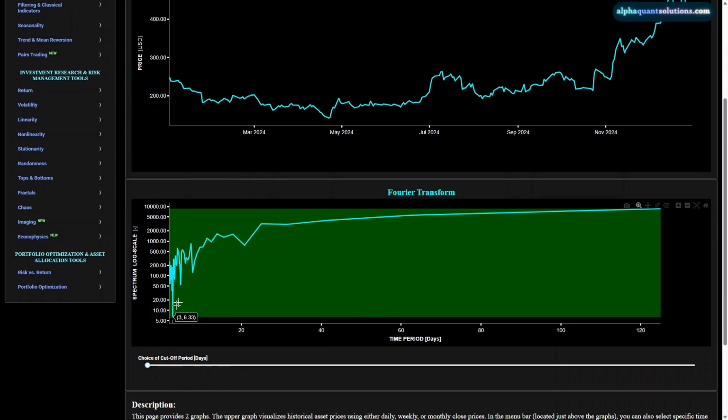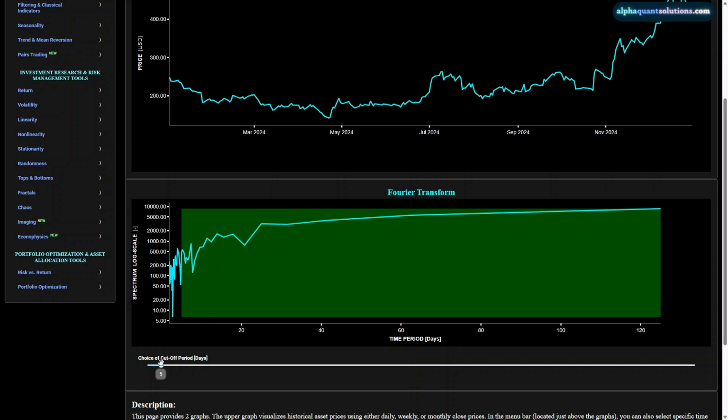And now under this bottom graph, we have a sliding bar, which we can choose and move. So let's, for instance, move it to 5 days. When we move this to 5 days, the green area shows the part that is left over in the signal.